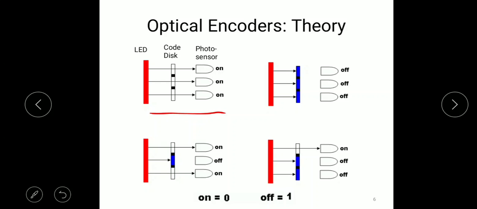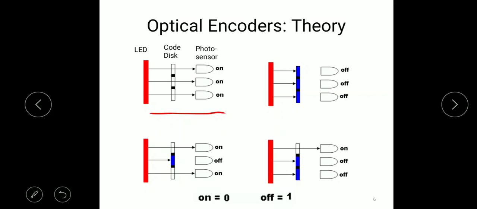All the light from the LED is transmitted through the code disc and reaches the photosensor, so the photosensor produces output on.